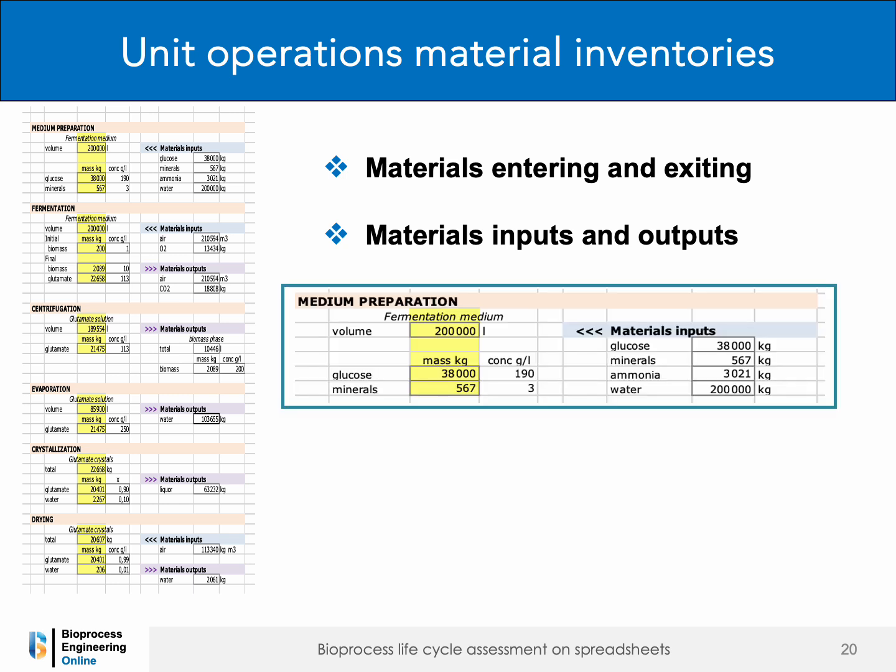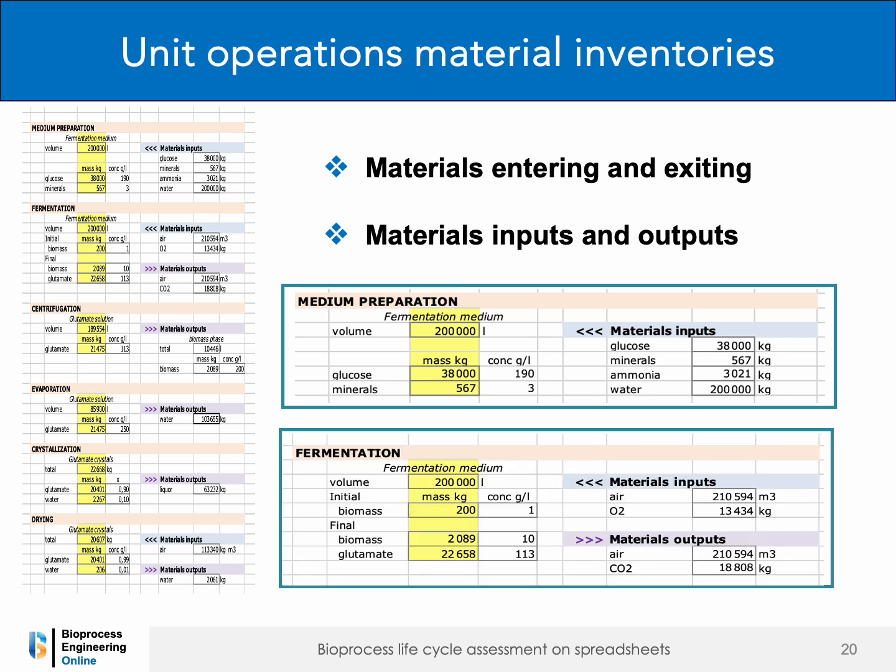In the case study of the glutamic acid process, for example, for the initial media preparation operation, the spreadsheet assesses the required input quantities of sugar, ammonia, minerals, and water. During the fermentation operation, the inventory examines the volumes of air entering and exiting the fermenter, along with the amounts of consumed oxygen and emitted CO2.